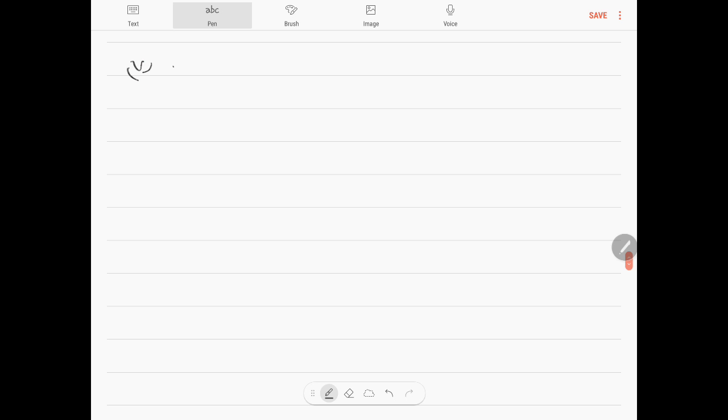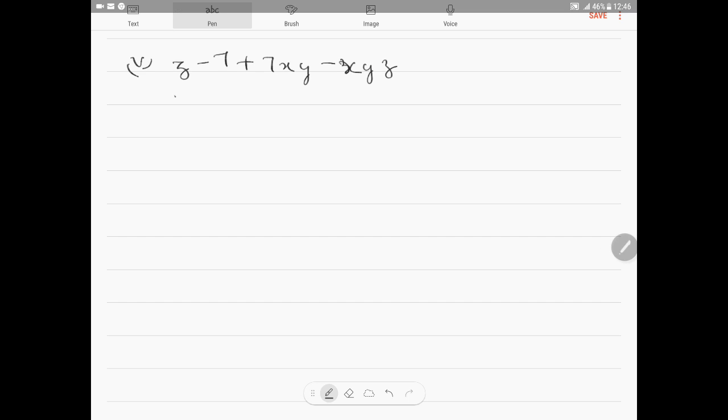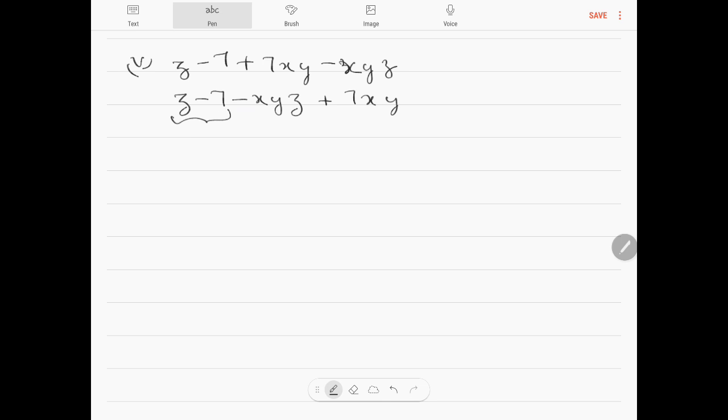Problem number 5, z minus 7 plus 7xy minus xyz. Just rearranging the terms: z minus 7 minus xyz plus 7xy. Now from this, nothing is common, so 1 into z minus 7, and from here minus xy can be taken in common, so z is left over, and here the sign is minus, because minus into minus will give plus.